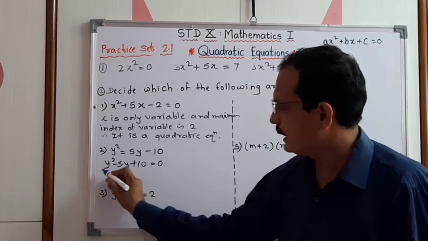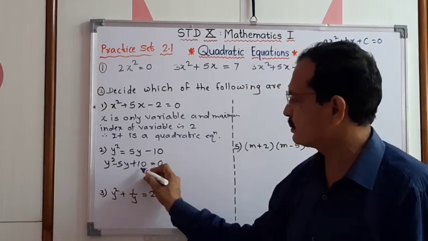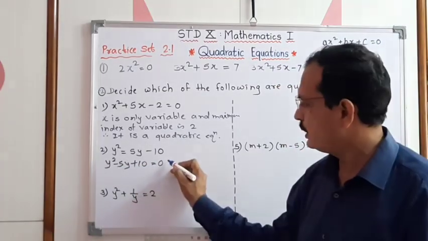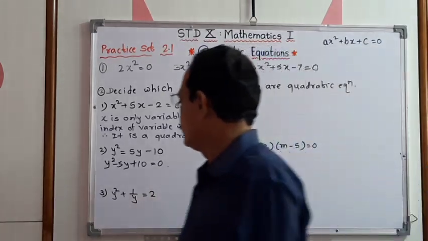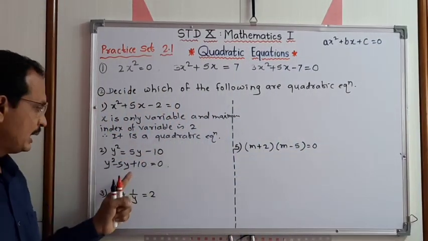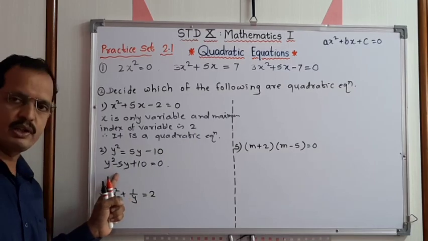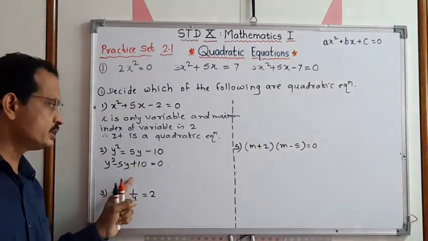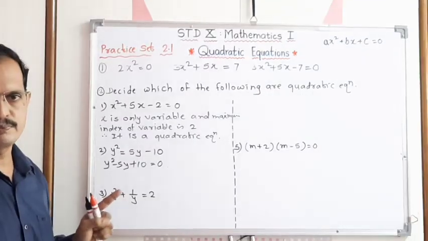That means ax square plus bx plus c equal to 0. It is a quadratic equation. We can write here y is the only variable and the maximum index of the variable is 2. Therefore it is a quadratic equation.